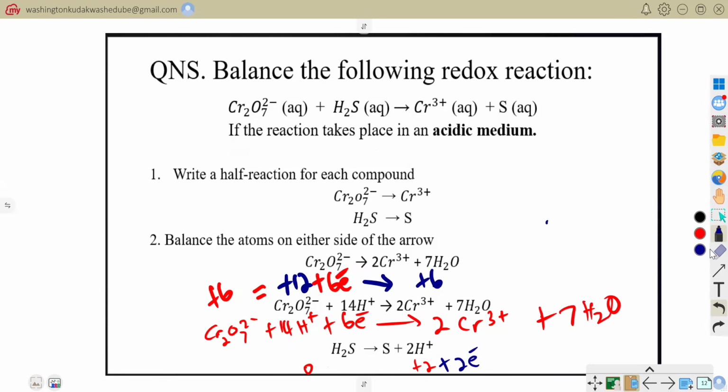So I would have just come and actually written what? I'm having chromium 3 plus ions. Here I would have just come and added what? 2 electrons. That becomes a balanced what? A balanced half reaction. So this is what you would see here.